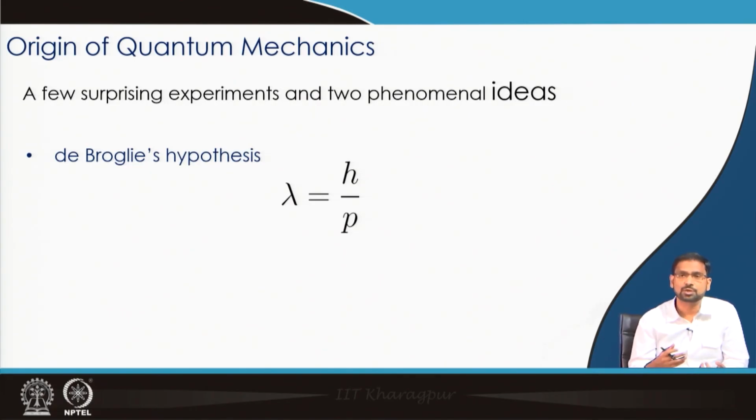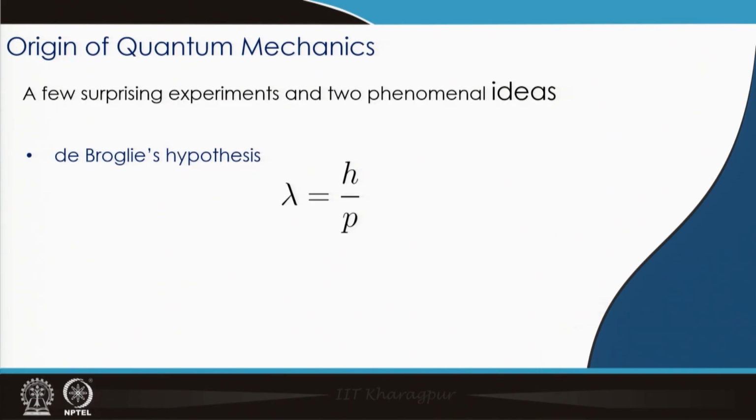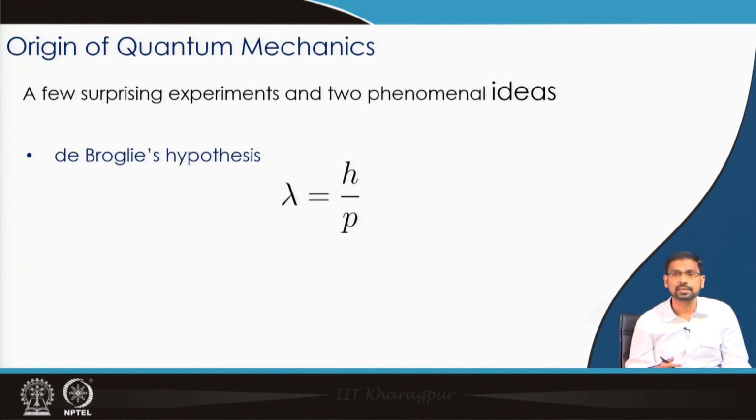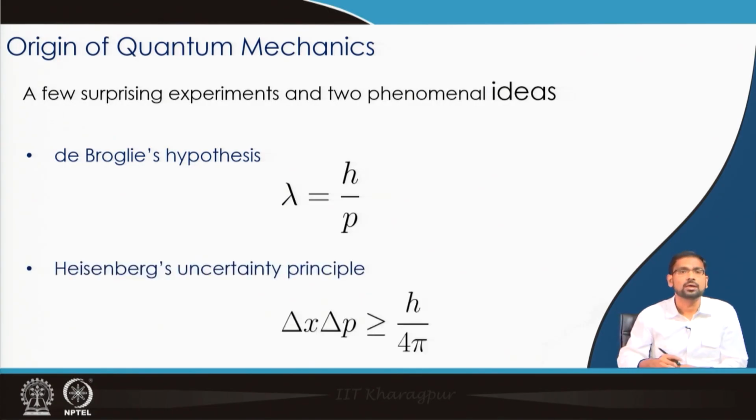So you can see from this equation that the wavelength is very small. We can also extend it to the classical world, except that in the classical world the de Broglie wavelength is so small that it doesn't make sense to call it a wave.